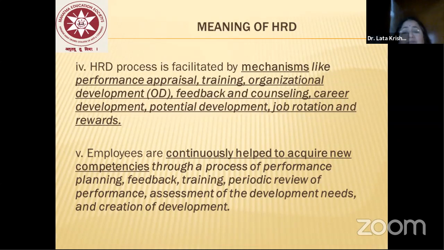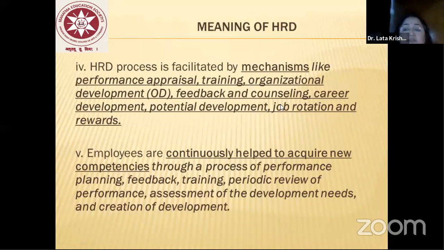So every employee comes with certain abilities. Those abilities depend upon his knowledge, his skills, and also his motivation at that particular point in time. But of course, he has hidden talent, hidden capabilities, which have to be tapped by the HR manager by giving higher order training and trying to help the employee understand his potentials.